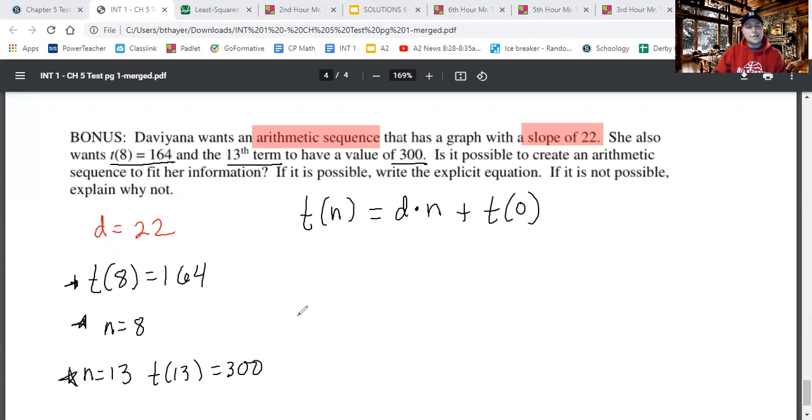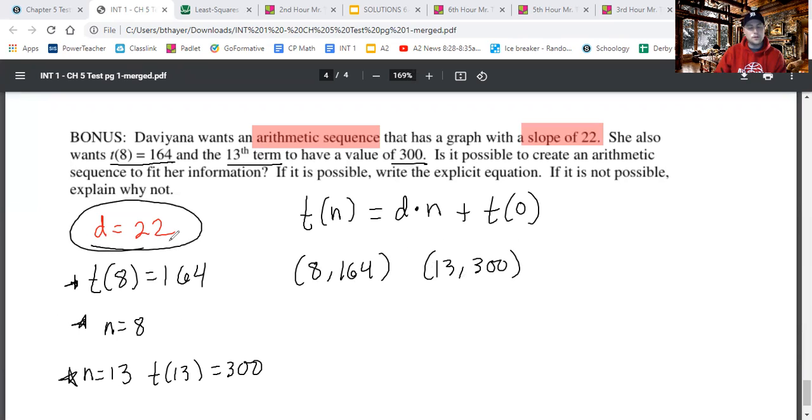Well, those are kind of like x and y values, so let's interpret them as such. 8, 164, and 13, 300. And let's see if the slope between those 2 points is the same as the desired slope of 22. So plug these into your slope equation. Let's crunch the numbers and fast forward this.